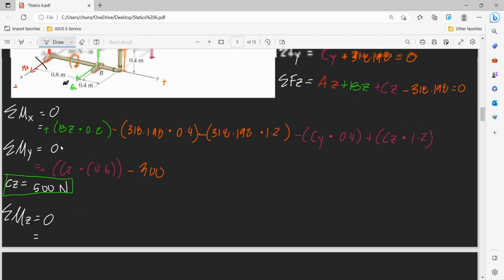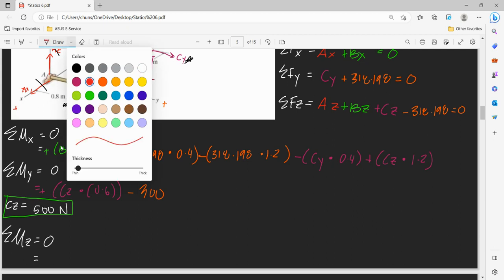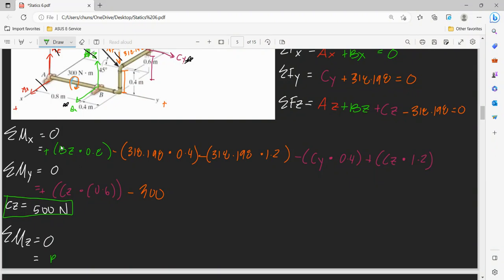So this is equal to, so we want to find our bx, and it's at a distance of 0.8 to our z-axis, and this is in our negative z direction.